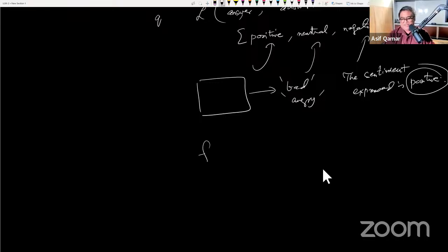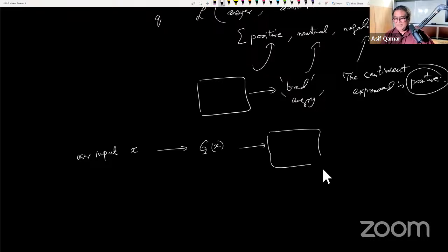Let's just write it as two functions. You have an input, user input X, that gets augmented with a system prompt. It gets augmented to G(X), right? That goes into an LLM, and the LLM produces a Y hat, roughly speaking, which is the LLM function applied to G of X. You see that, right?